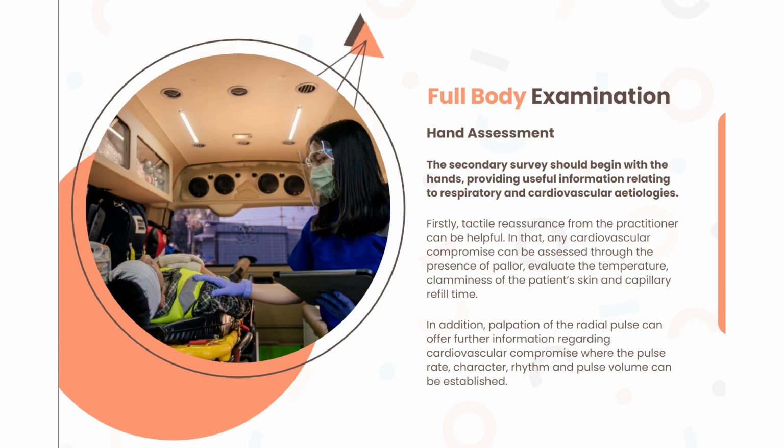Evaluate the temperature, clamminess of the patient's skin and capillary refill time. In addition, palpation of the radial pulse can offer further information regarding cardiovascular compromise where the pulse rate, character, rhythm, and pulse volume can be established.